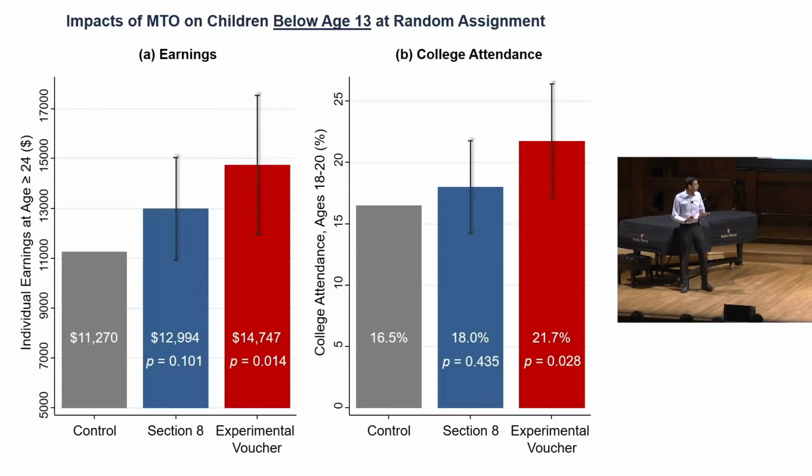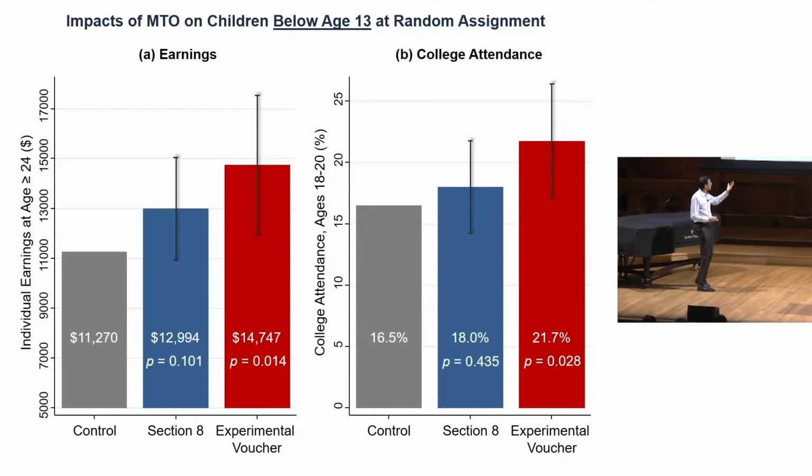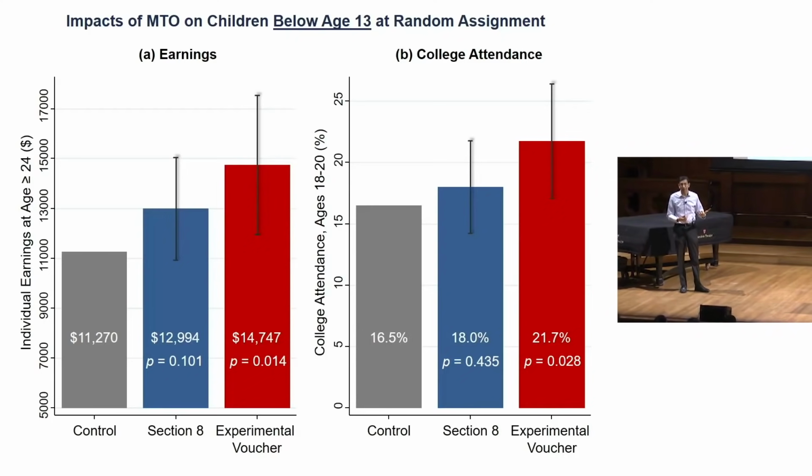So at some level, I think what this shows is you can bring people out of extreme poverty to some extent with the moving to opportunity approach. And in order to achieve bigger gains, you might need to do more than that. You might need to find even better neighborhoods to which they can move, or you might need other types of programs on top of that that will truly transform kids' outcomes, or it might take multiple generations and so forth.